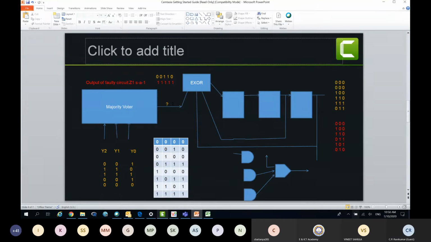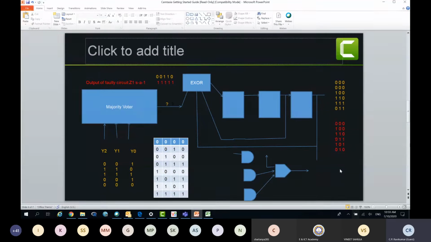So you can observe that the value here in the LFSR at the end of the simulation is 011, whereas the value here is 010. So they are not the same, and that is a sort of an indication that there is a fault.